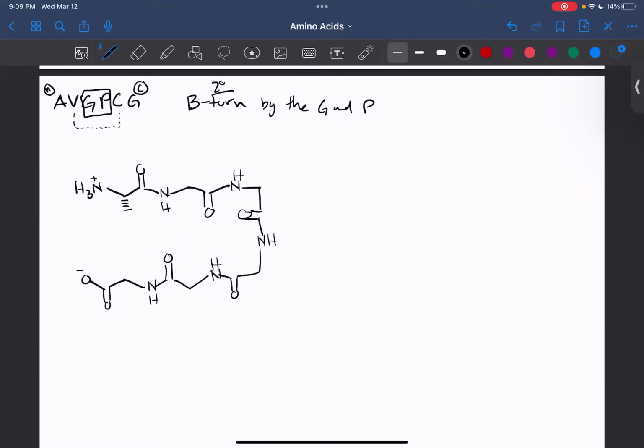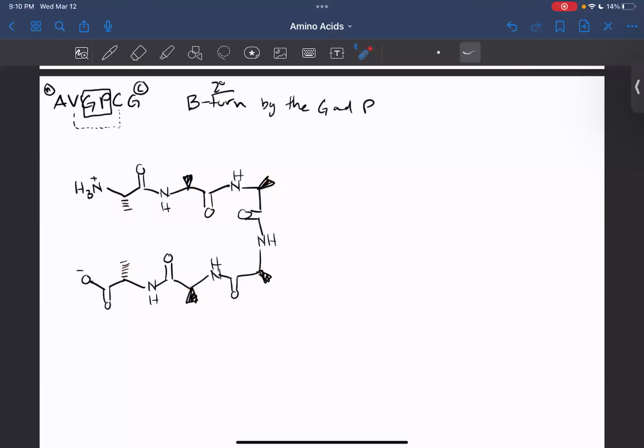Okay, so we're going to have 1, 2, 3, 4, 5, 6, okay? What is unique about this is that you are used to alternating from dashed to wedged, dashed, wedged, dashed, wedged, okay?